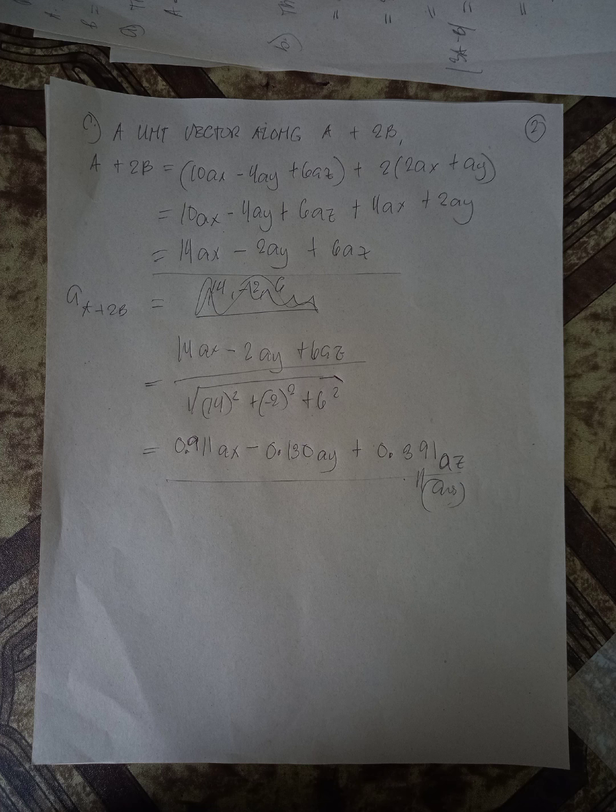In getting the unit vector of A plus 2B, we have the vector in the numerator and the magnitude in the denominator, which is the square root of 14 squared plus negative 2 squared plus 6 squared. So I have a total value of 0.911 AX minus 0.130 AY plus 0.391 AZ.